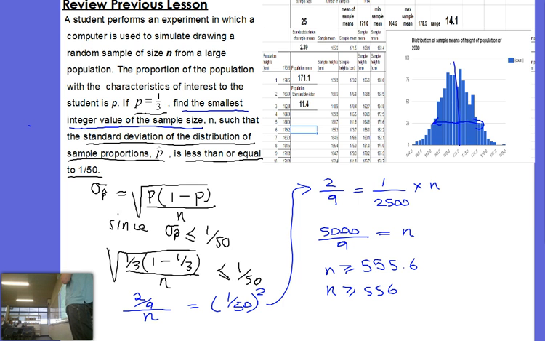So you know when your n is greater than 500? Yep. Greater than or equal? Yep. Would that change if you asked for the largest integer value of the sample size? Well, if they want the largest integer value of the sample size, then you're saying you want some maximum sample size. Then that should change the direction of your inequality on your standard deviation.